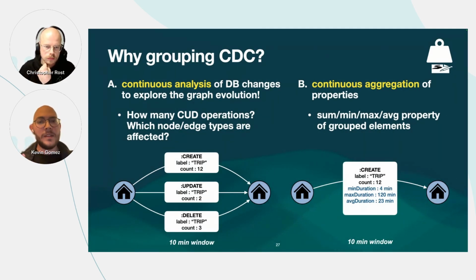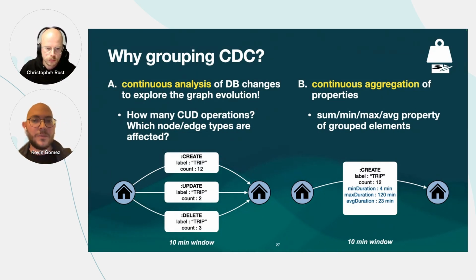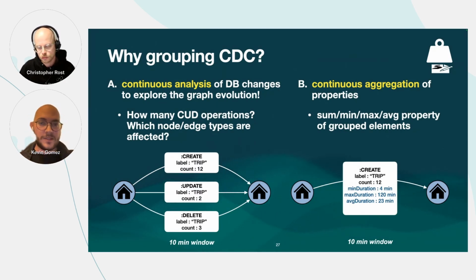So you can see how many create, update, delete operations happened, maybe on relationships. As you can see here in this example, relationships in this scenario, it's the trip label. We see how many were created, how many were updated and deleted, but also, of course, on nodes, we can see this kind of information. What type of node was created, what type of node was deleted, and so on. So it gives you a really good understanding of how your graph evolves, right?